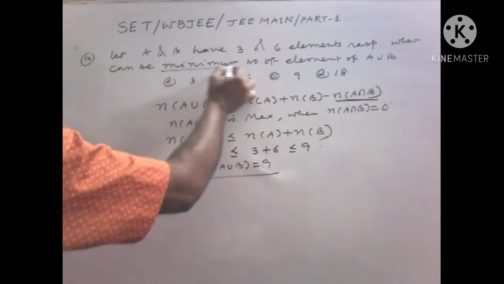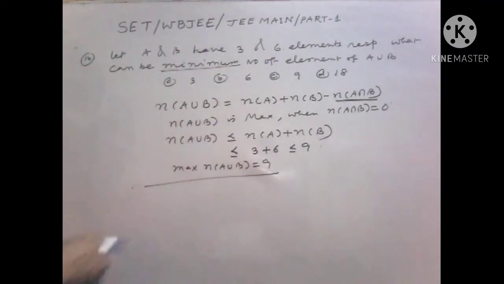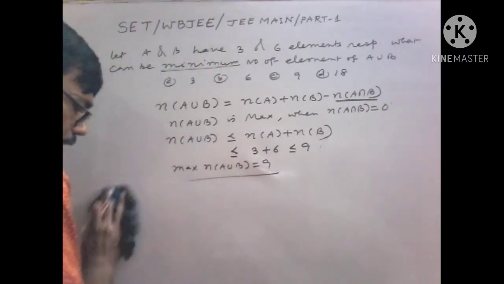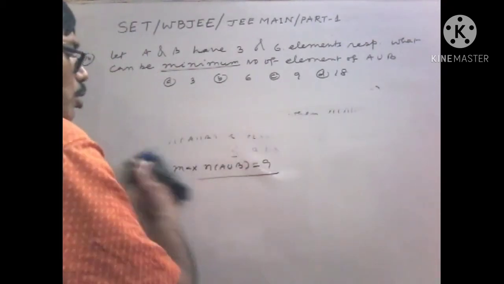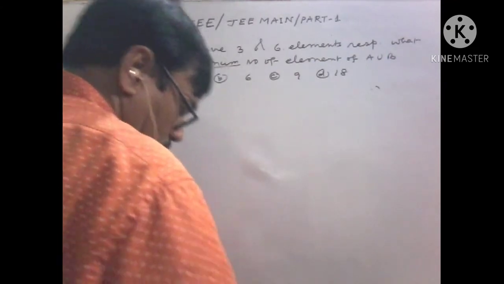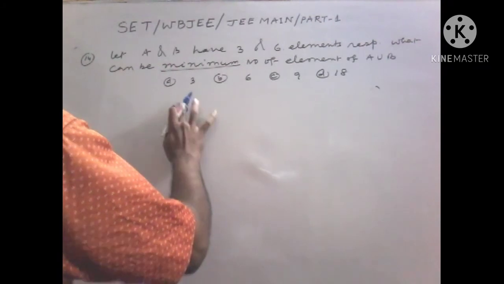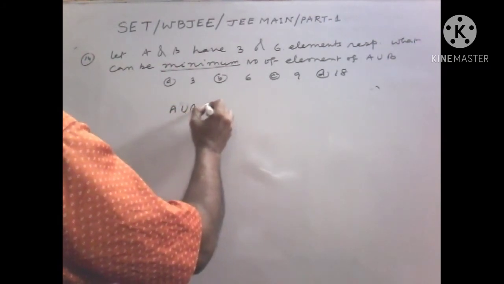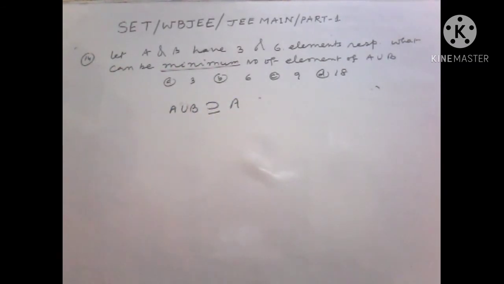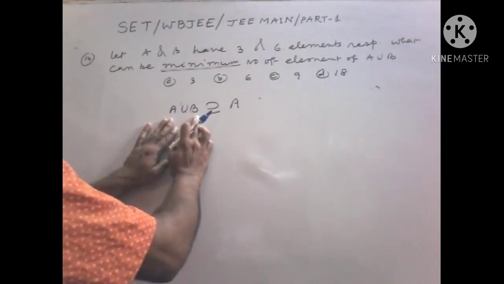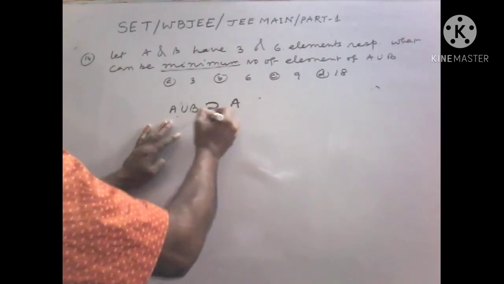But here the minimum value is required. So to get the minimum value, we use the greater-than inequality. So look, we know A is contained in A union B. So A union B is a superset.